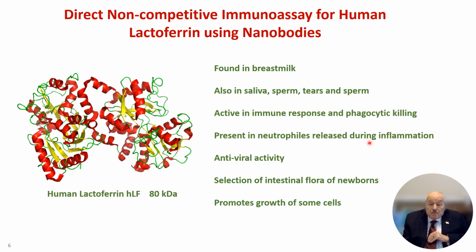They activate neutrophils. They have an antiviral activity. And in the newborns, they aid in the selection of favorable microorganisms to populate the intestines. Pretty big protein, 80,000 Daltons or 80 kilodaltons.